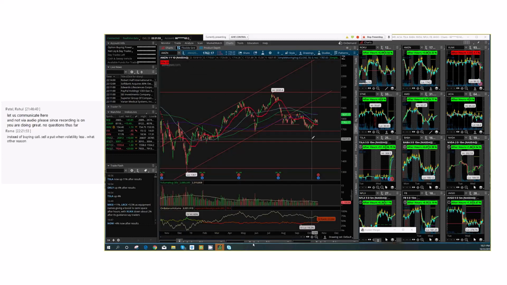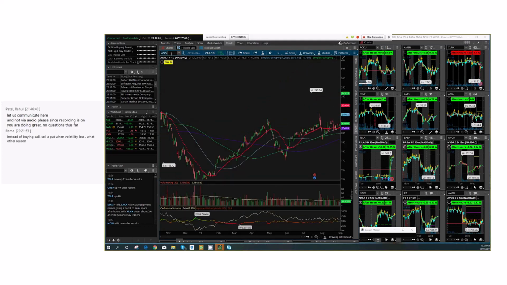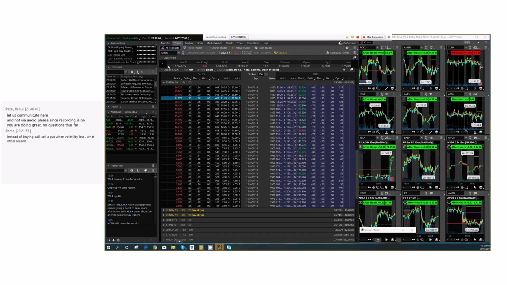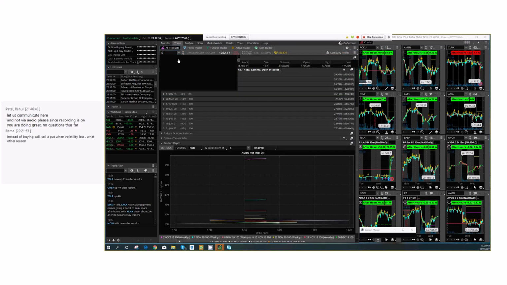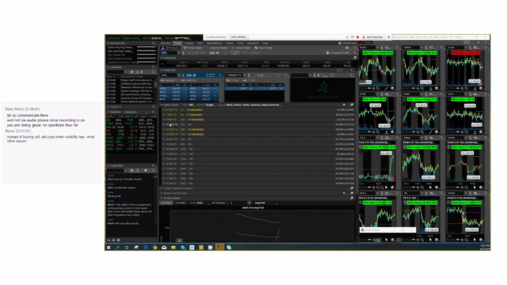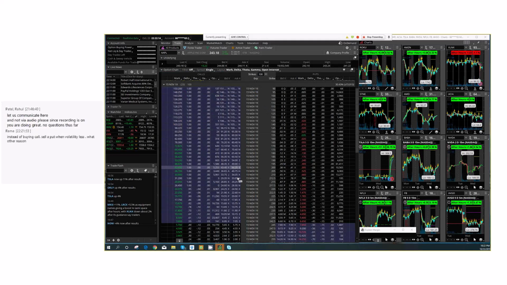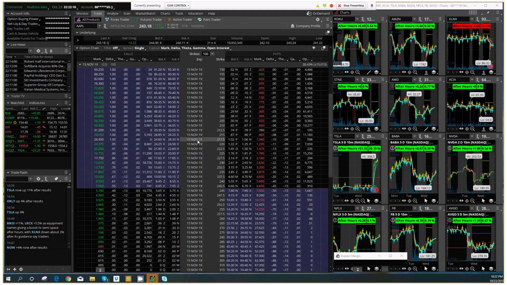And just a note, I'll just put it out there. If you sell a put, let's just say Apple. Let's just say I sold a 220 put. Because some people may be wondering what happens if you don't buy it back and you let it go to expiration.